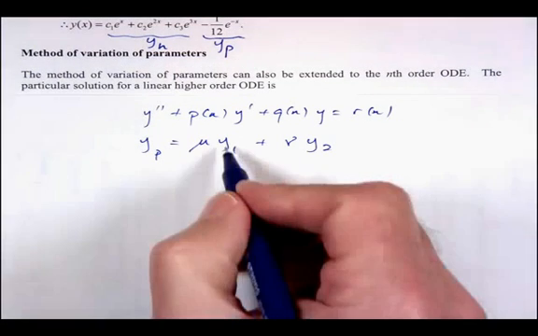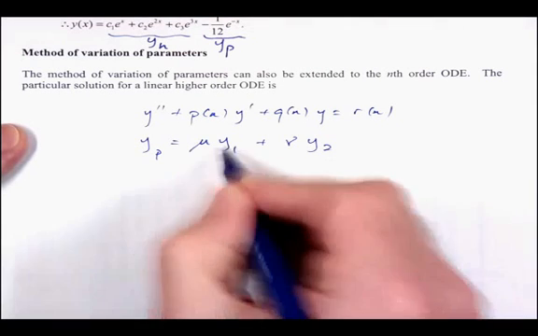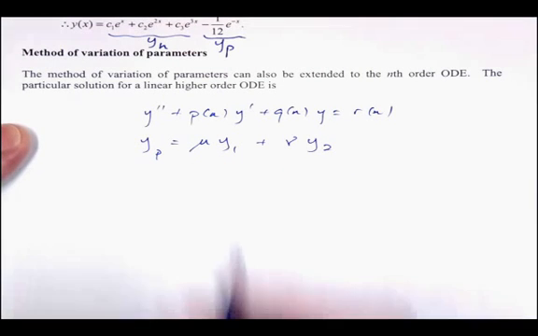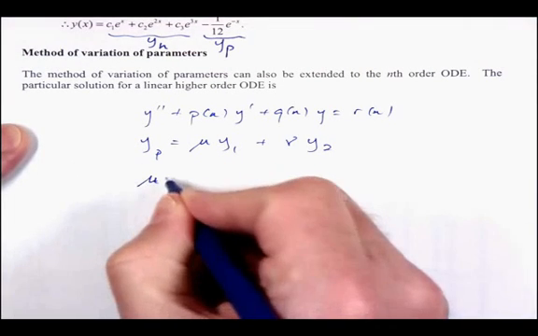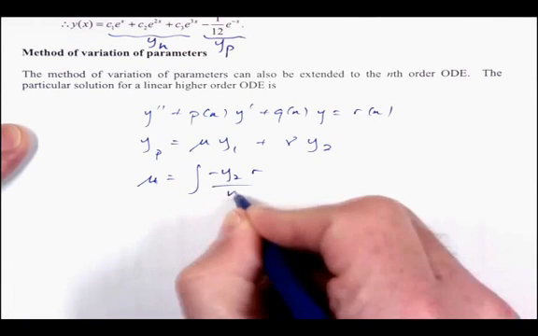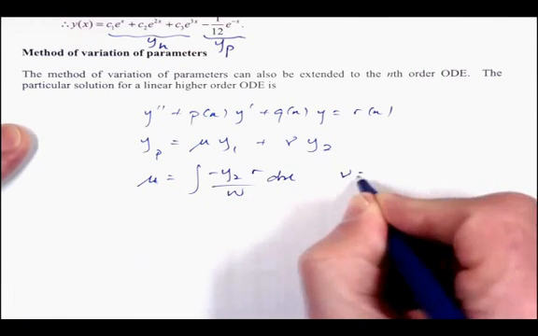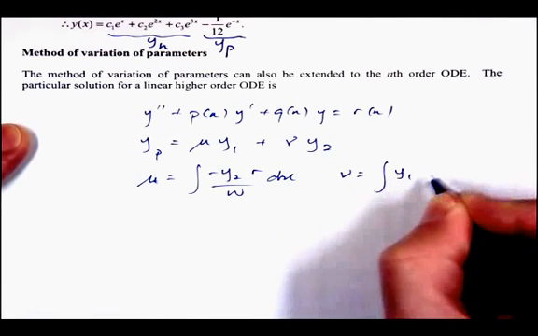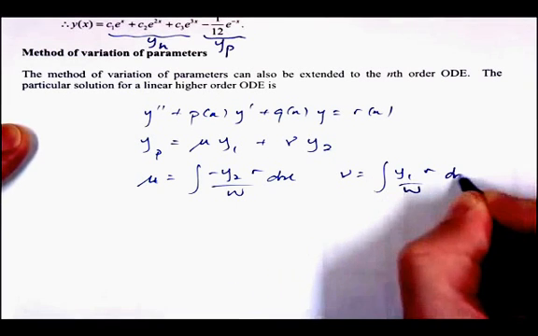In the variation of parameters, we allow those constants, the parameters, to vary, and we end up with a formula that says mu equals the integral of minus y2 r over w dx, and nu equals the integral of y1 r over w dx.